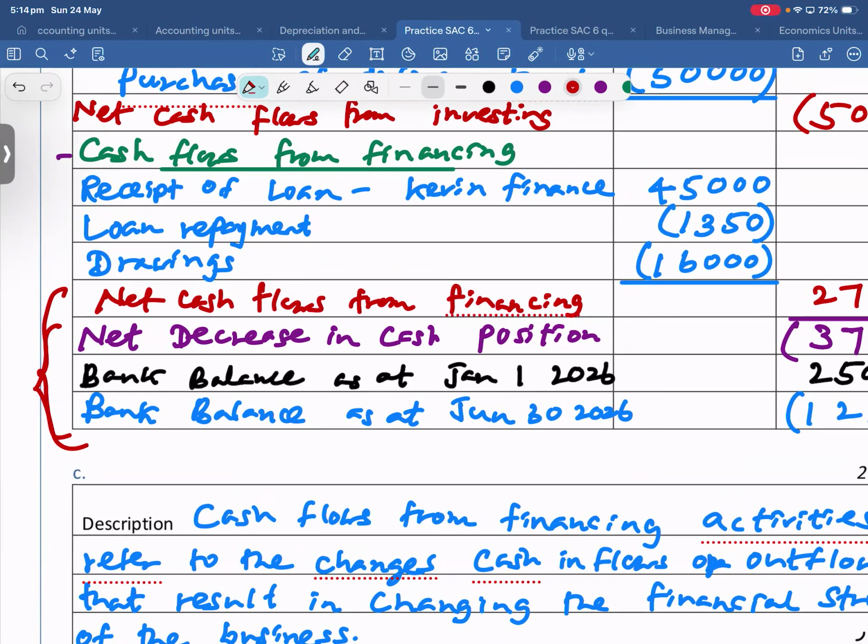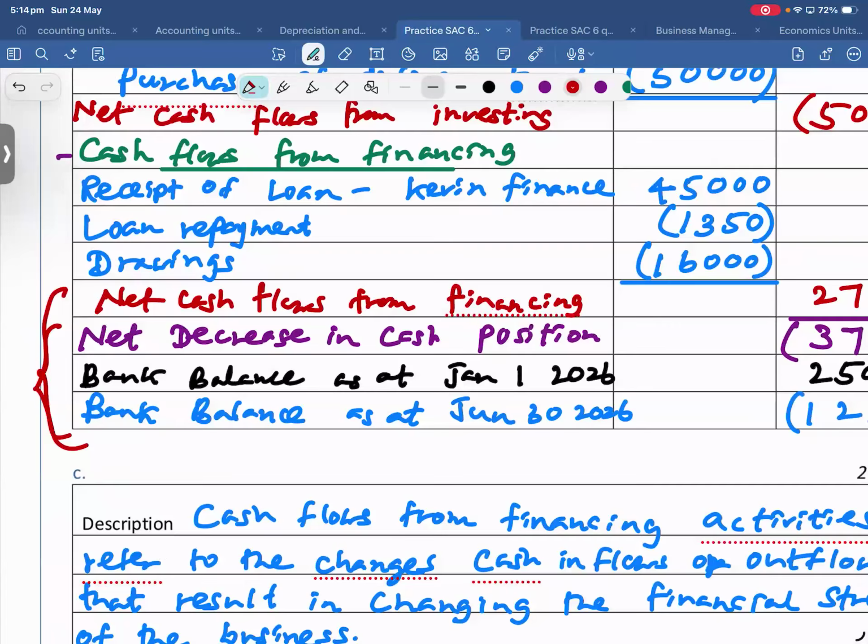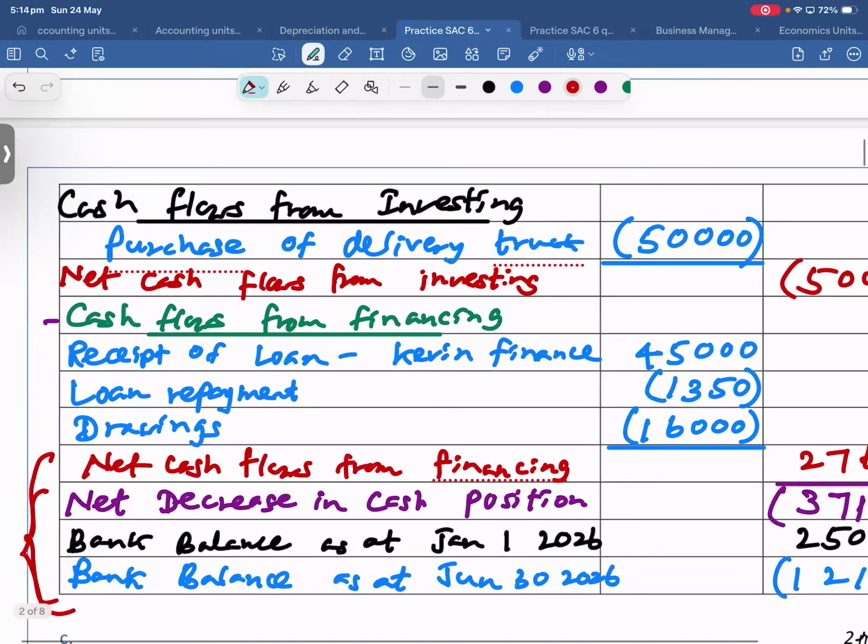Okay. Right. Then the other thing is, guys, what is it? We are purchasing the truck, which is 50. Where do we report this 50? 50,000? Investing, yes. Investing, we are going to report 50,000, right? Purchase of delivery truck. Okay.